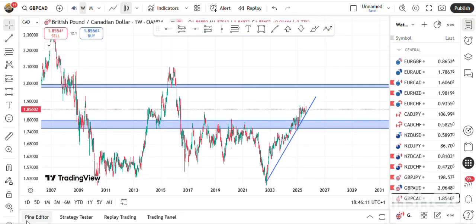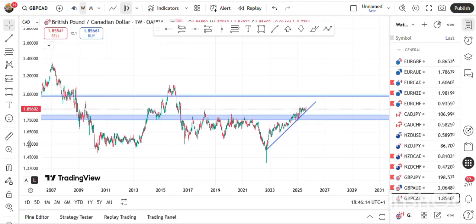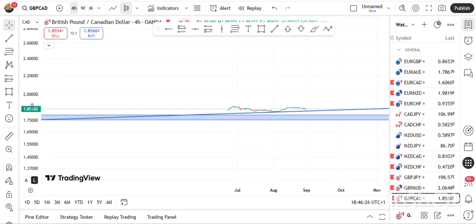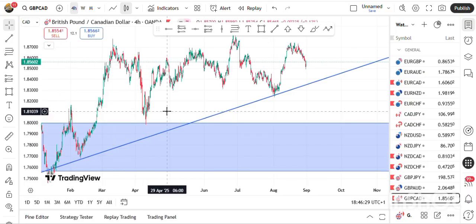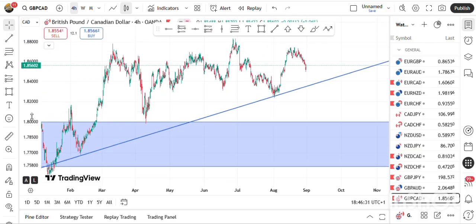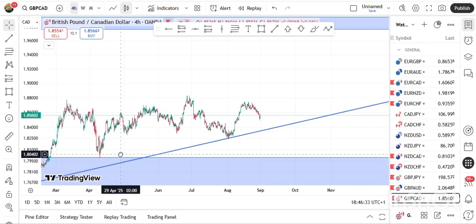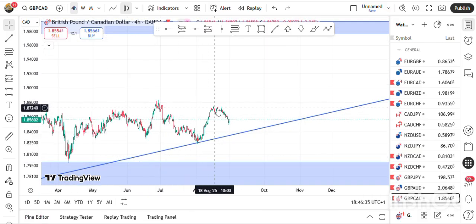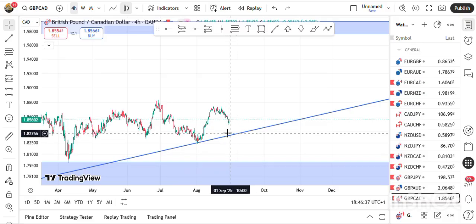Yeah, so you can risk it. I would include GBP CAD as well. Since this is a weekly upward trend line, and it looks like we're on the third touch right now, if it touches the trend line again, I could look for a buying opportunity.